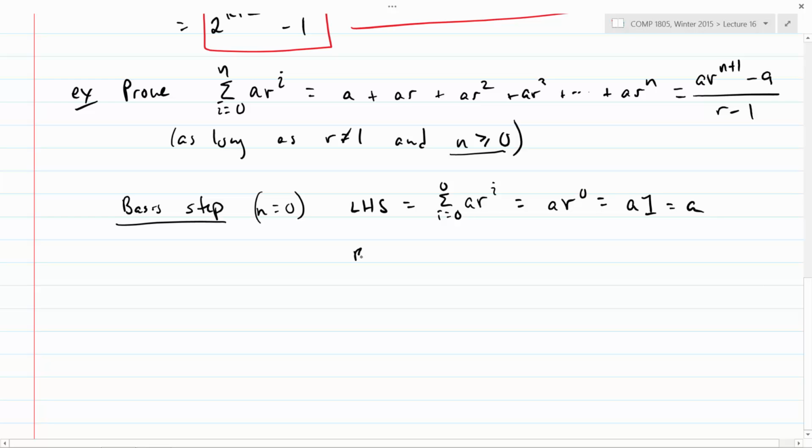The right-hand side, well, that's ar to the 0 plus 1 minus a over r minus 1. Right? All right, well, in this case, what do we have?